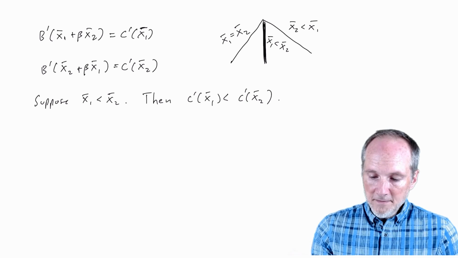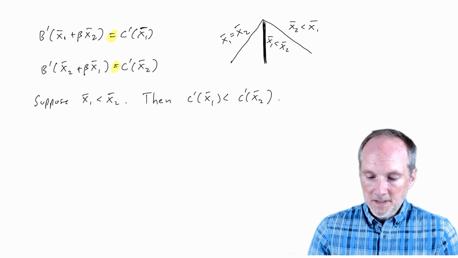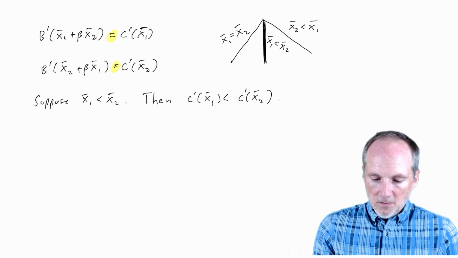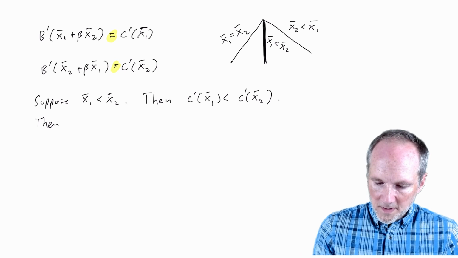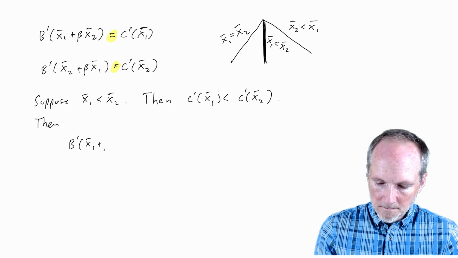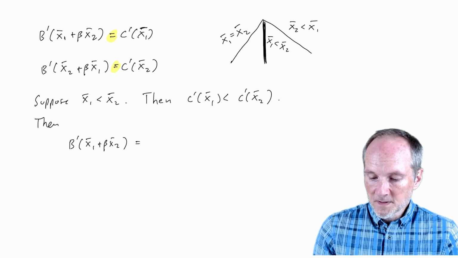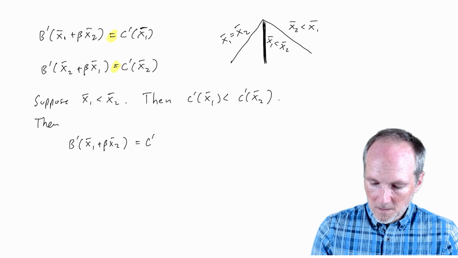But we have these first order conditions. Okay? So we know that person 1's marginal benefit is equal to the marginal cost. So I'm just rewriting what I have up above.